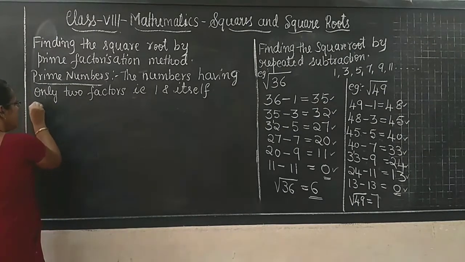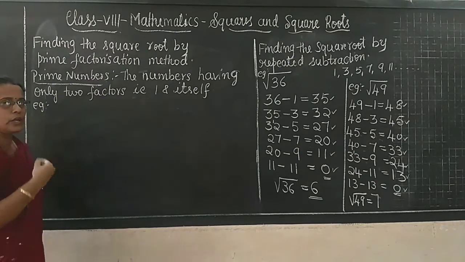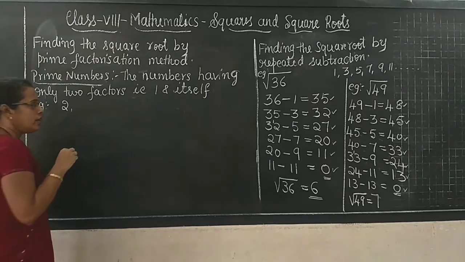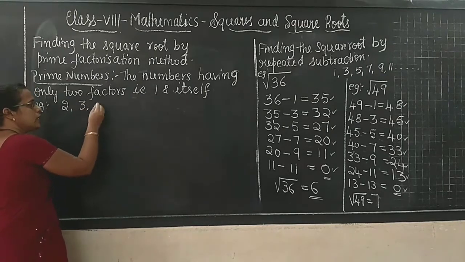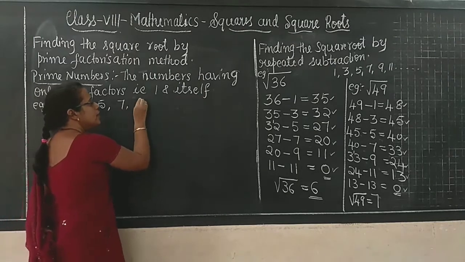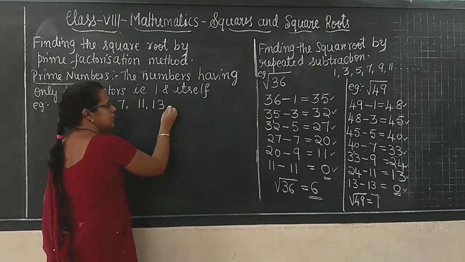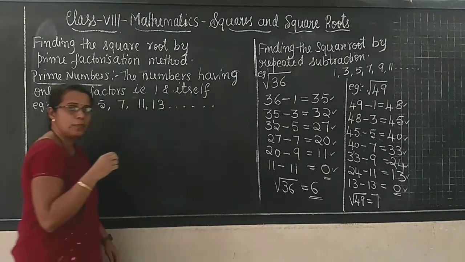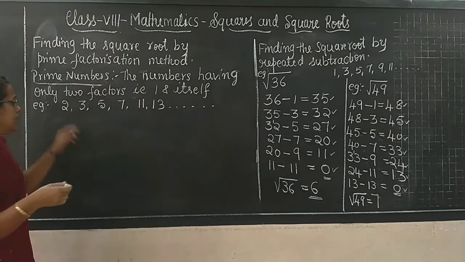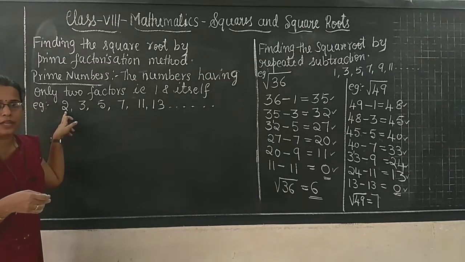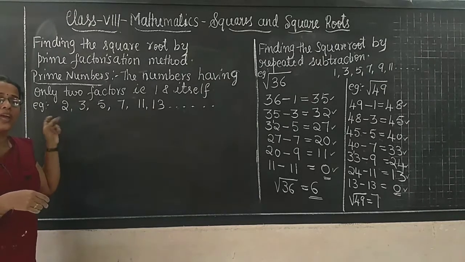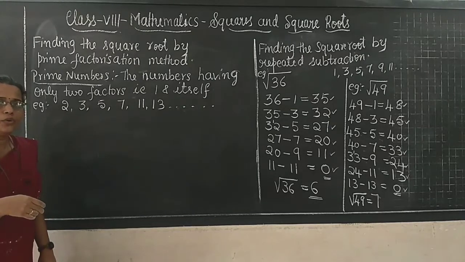Now children, for example, a prime number we can give is 2. The first prime number is 2. Next 3, 5, 7, 11, 13. These are a list of prime numbers. Why are we calling it a prime number? Because it has only two factors. In the table of 2, 2 ones are 2, 1 two is 2. Does 2 come in any other table? No, right?